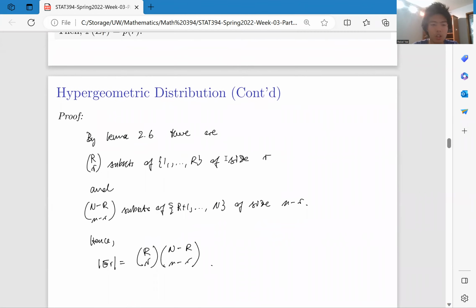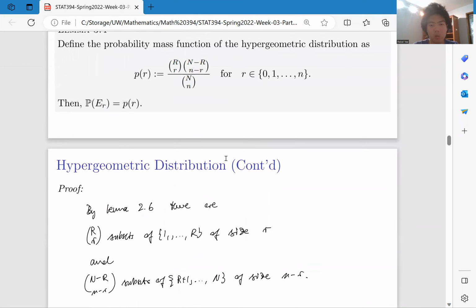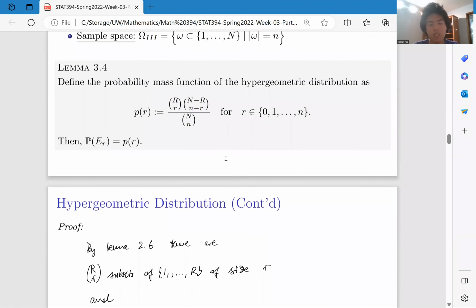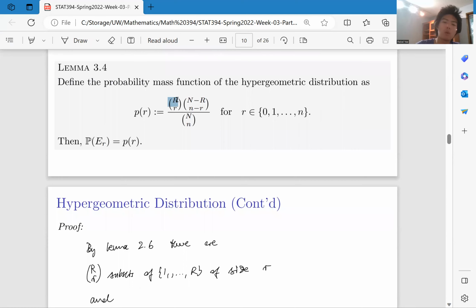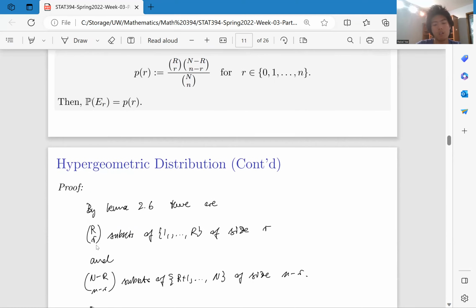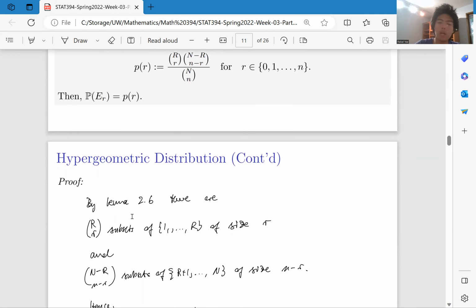We start the proof because we want to know that in our selecting process, r balls are red. There are capital R red balls, and I want to select r from them. So it's just R choose r. That's very easy to understand. But the remaining balls cannot be any type. They can only be white. So from the remaining N minus R white balls, we want to choose n minus r white balls.